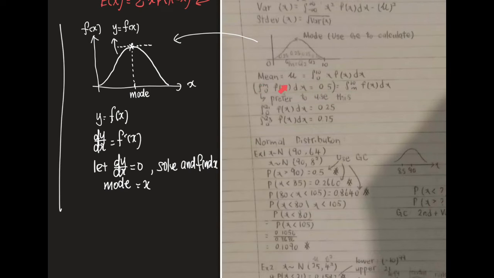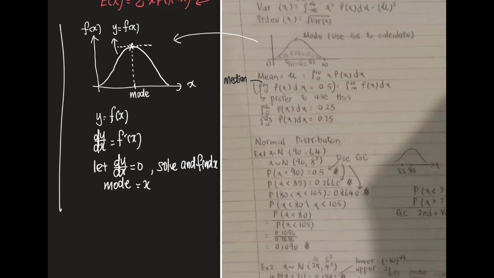Okay, median. You have mean, mode, median, right? So median. This M stands for median. The idea of median is where the median will separate the area into 0.5 on the left of median and 0.5 on the right of median.